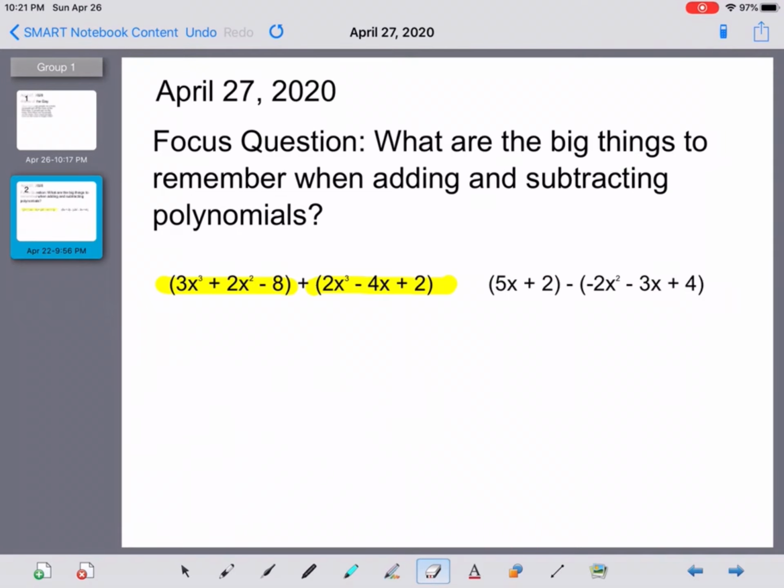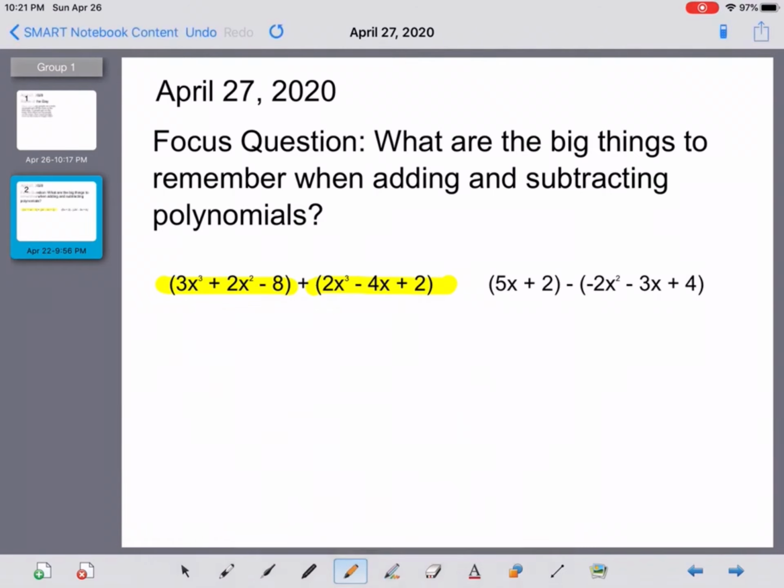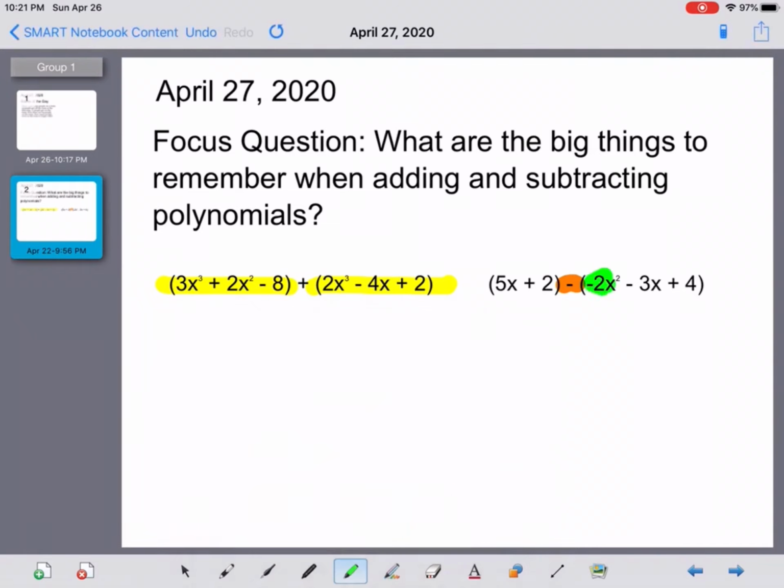So now let's look at subtracting polynomials. In this case, we had the quantity of 5x plus 2 minus the quantity of negative 2x squared minus 3x plus 4. Notice I highlighted the minus sign. When I'm subtracting a polynomial, I'm subtracting every single term that's part of the polynomial.